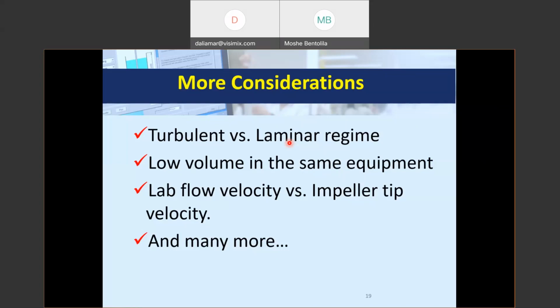You think you did not scale up because you're using the same equipment, but inside the equipment you are doing a scale-up, because you are changing the flow, so you have to adapt the conditions to generate the same results.